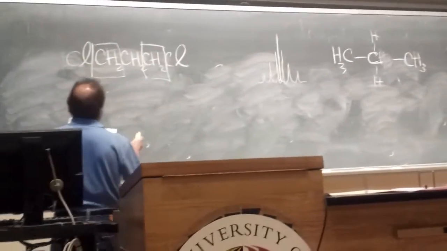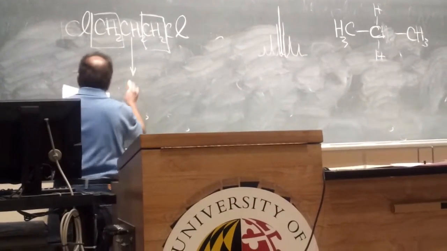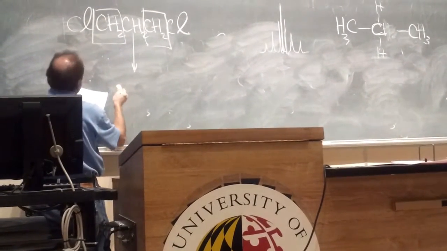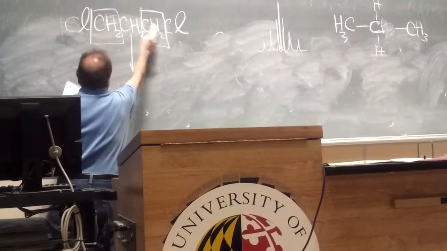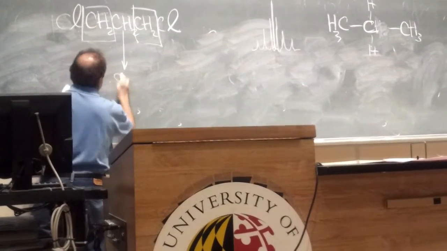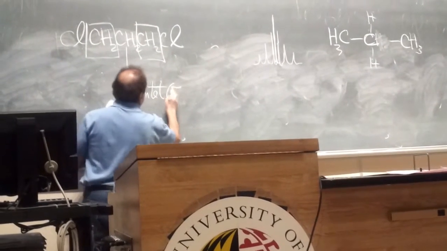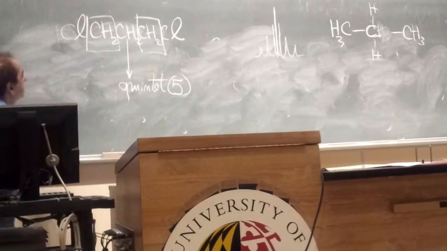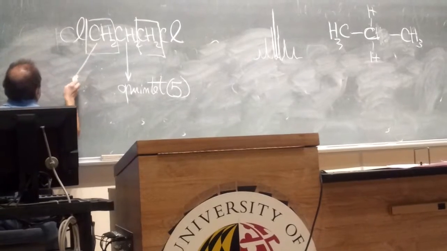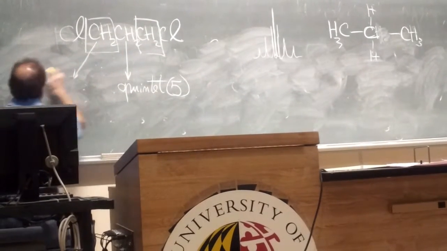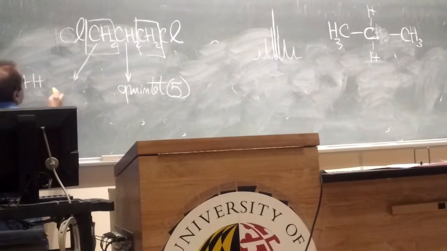All right. And then you have the middle one that shows up at. So this would be 4 plus 1, which would be a quintet. You don't know what a quintet is? It's 5 bands, and the 4 hydrogens, 2 and 2, would be a triplet.